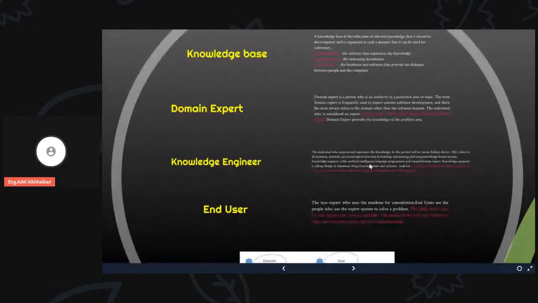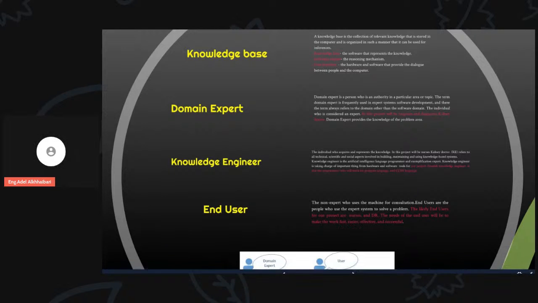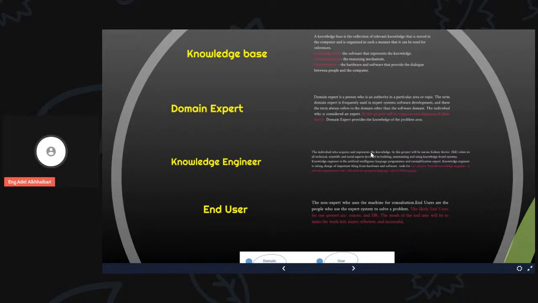This is some information about the knowledge engineer for people who don't know about it. In our kidney disease project, the possible knowledge engineer is the programmer who will work in a programming language like C, C sharp, or CLIPS.